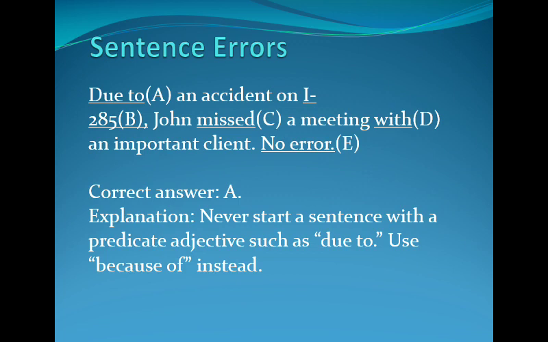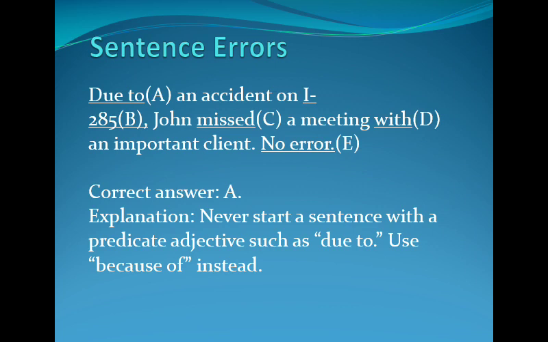Due to an accident on I-285B, John missed a meeting with an important client. Now you might be wondering what I-285B is. It's an interstate highway in the US. All interstates are marked with an I. But anyways, coming back to the question, let's spot the error.